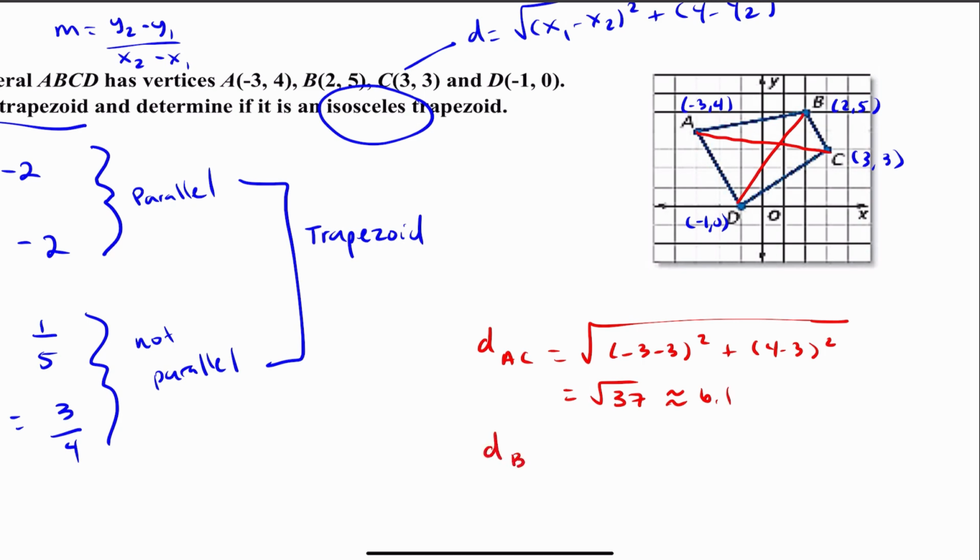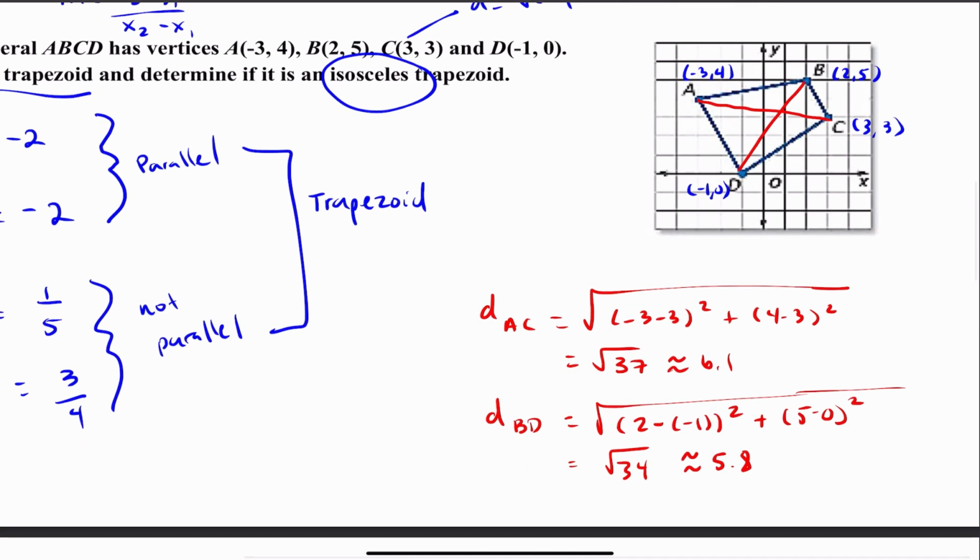And let's find BD, which is 2 minus -1 quantity squared plus 5 minus 0 quantity squared, and that's going to give me the square root of 34. And what's the square root of 34? That's approximately 5.8. Okay, great.